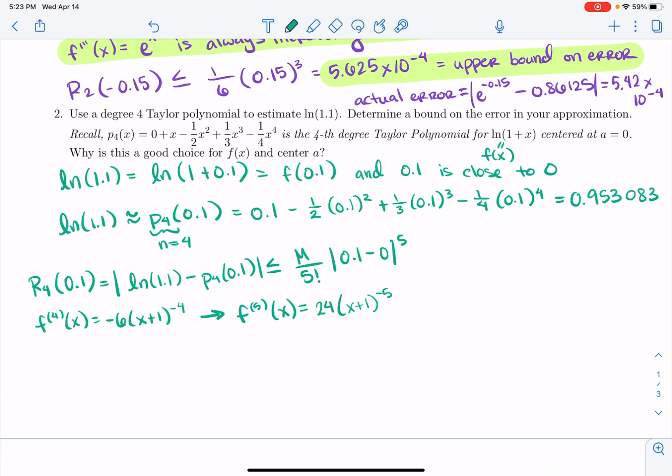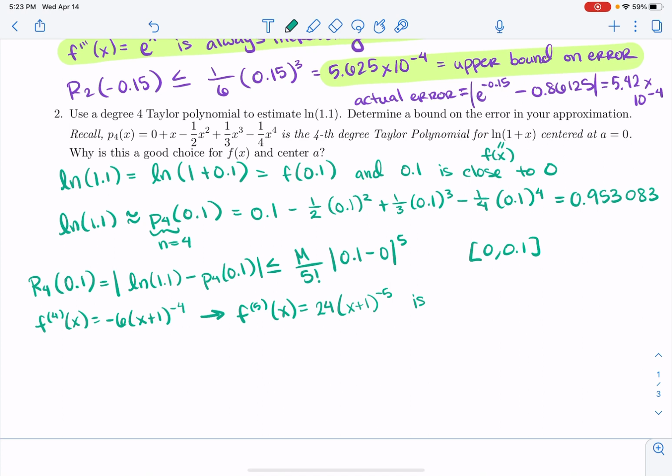Okay, so the 5th derivative, (x plus 1) to the minus 5, means that on the interval from 0 to 0.1, what's happening? As x gets bigger, the 5th derivative of x gets smaller.